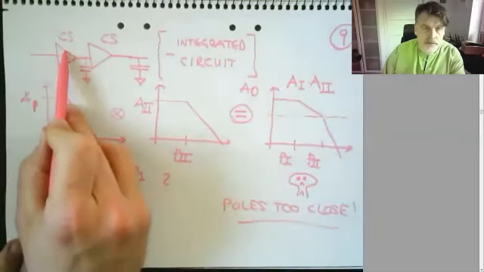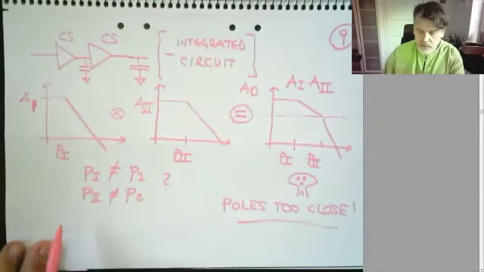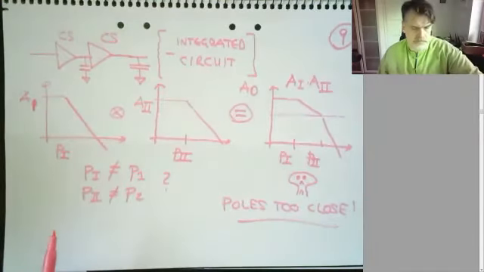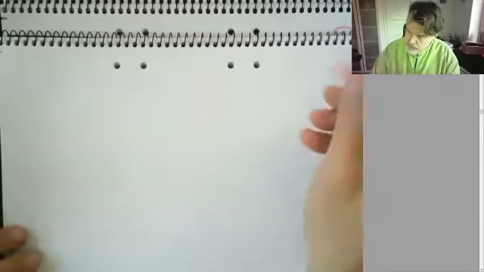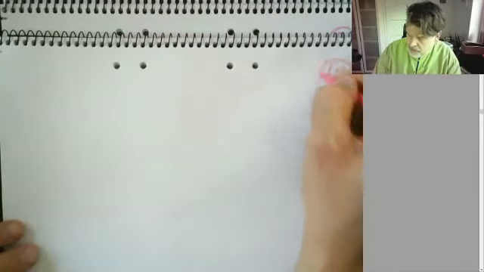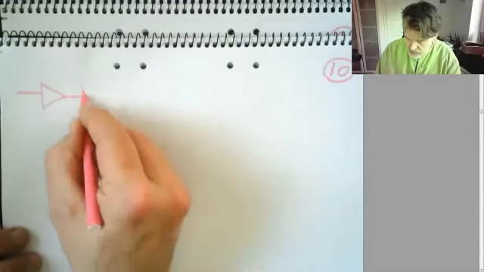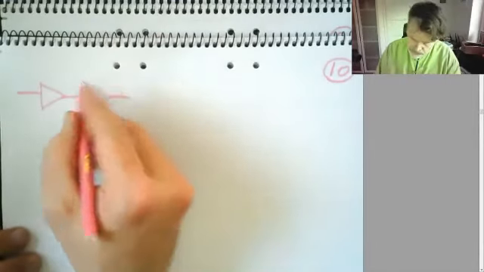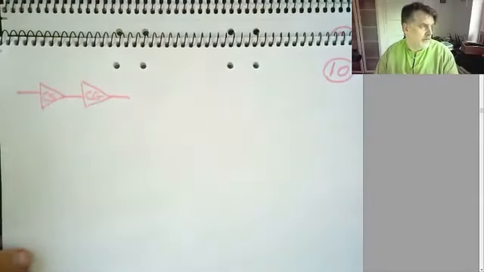So the issue with cascading stages is that the poles become too close. Okay, so let's look at common source to common gate. Like this.